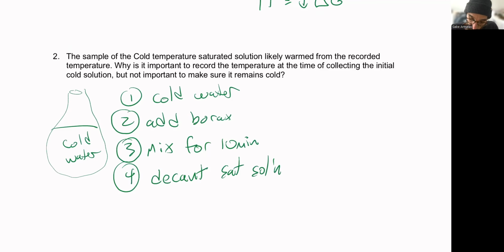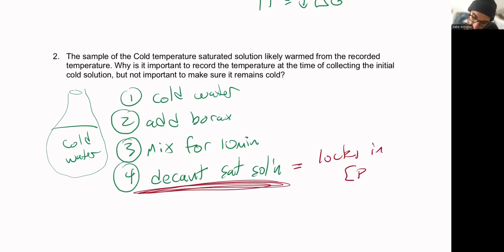So as long as you are decanting the saturated solution and you just have liquid, that means that there is no more borax to dissolve. So that warmer water could hold more borax, but it doesn't have access to it. Because you have decanted off that saturated solution, it doesn't have access to any more borax, and therefore the concentration of borax is locked in as soon as you decant it off. So decant the solution, this locks in the concentration of borax.